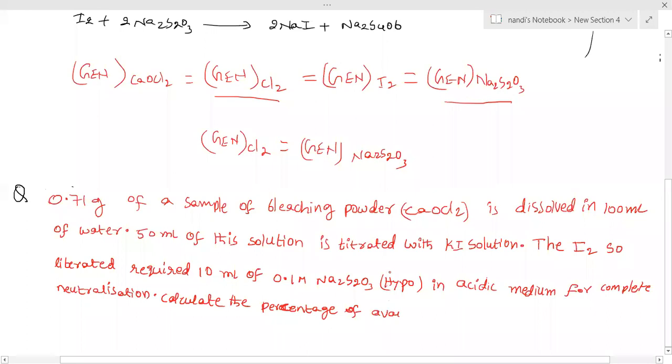You can write the remaining. Every formula here is just equal Gn. You can write available Cl2 from the sample of bleaching powder.